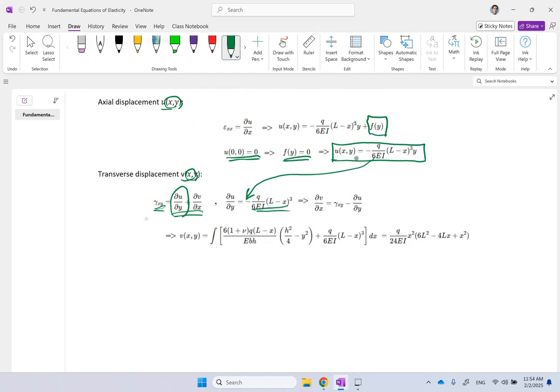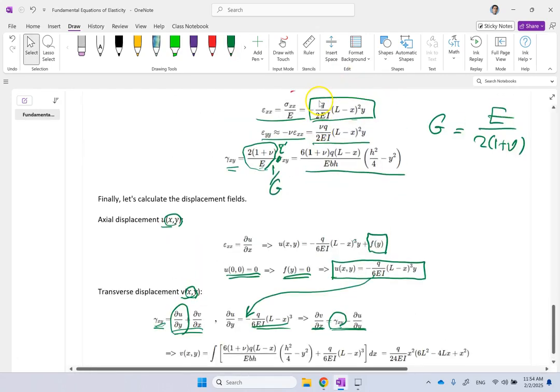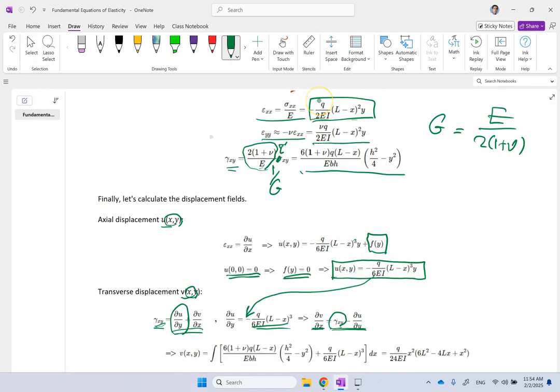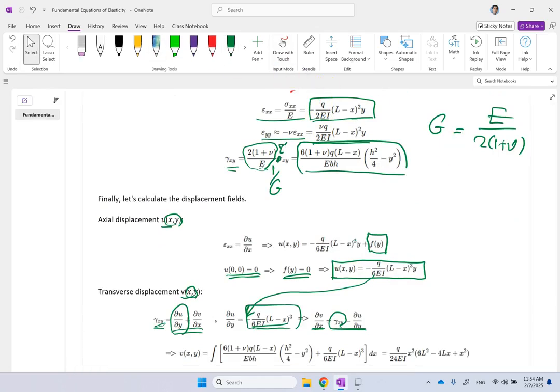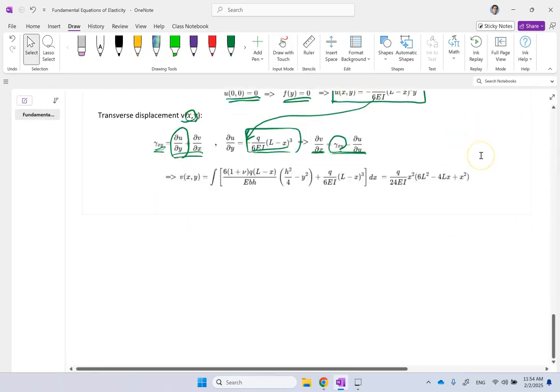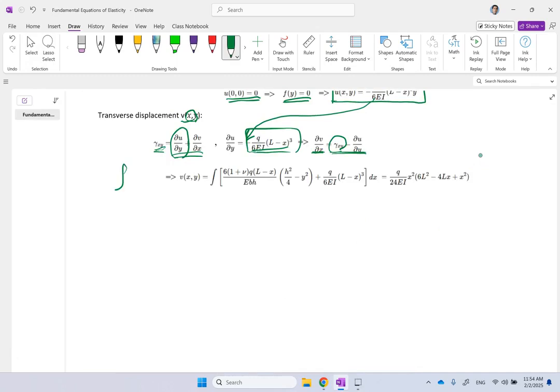We plug it into this, and we find partial of v with respect to x. So we have gamma xy, which we just found earlier, this function. We subtract from it partial of u with respect to y, and then once we have partial of v with respect to x, we are going to integrate both sides with respect to x.